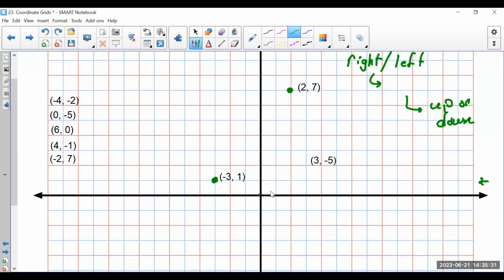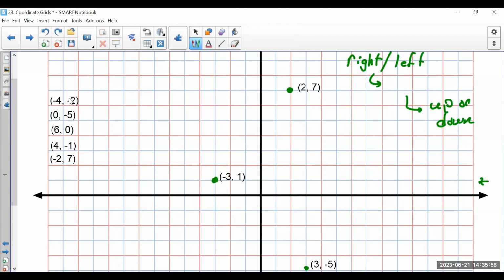That's this side over here. So 1, 2, 3. But now you've got -5. You're going down 5. Over 3, but down 1, 2, 3, 4, 5. Almost to the bottom of my screen. All right, so 3, -5. That's quadrant 4. So we have a point in quadrant 1, quadrant 2, quadrant 4.